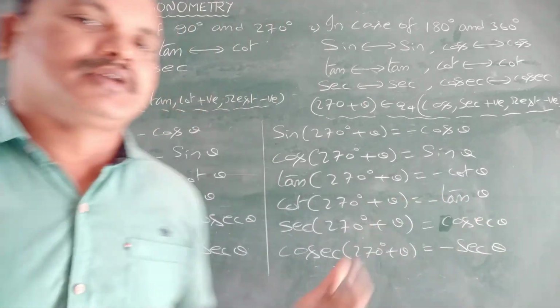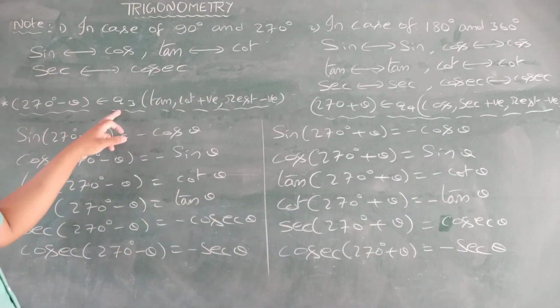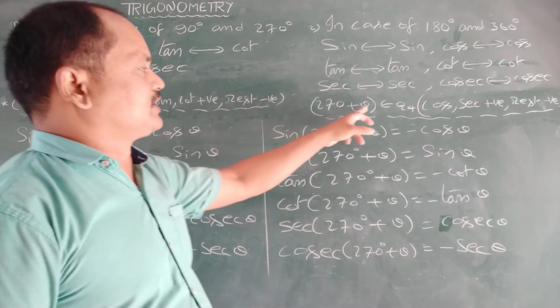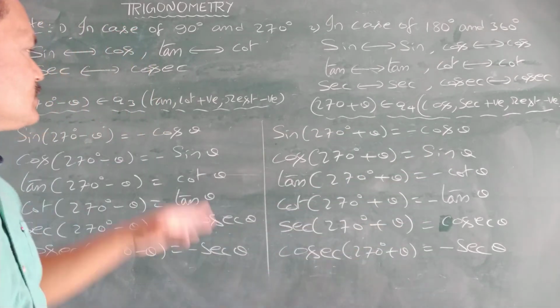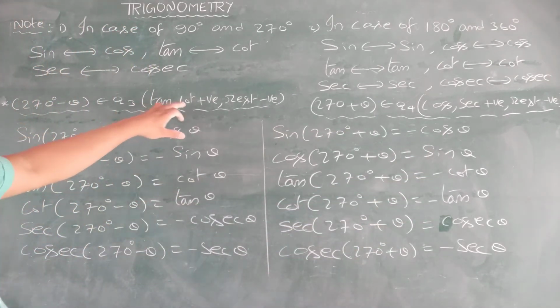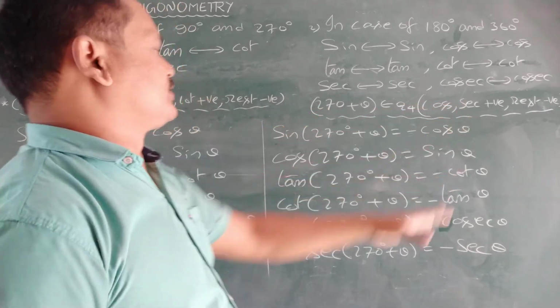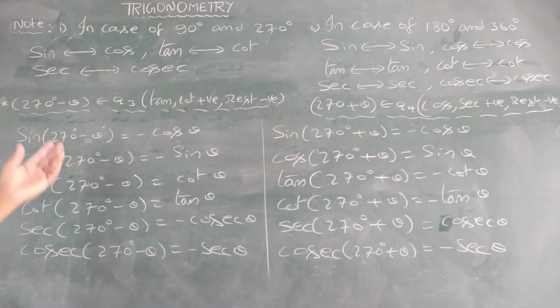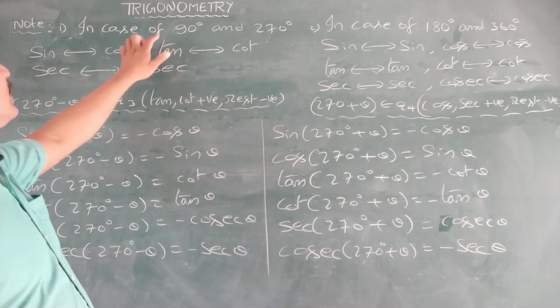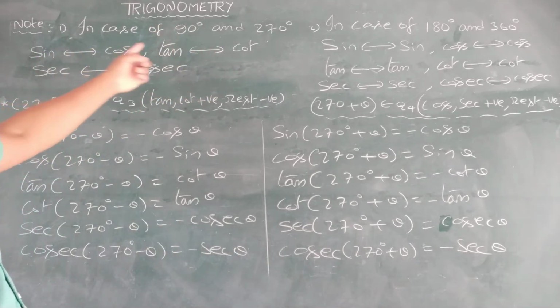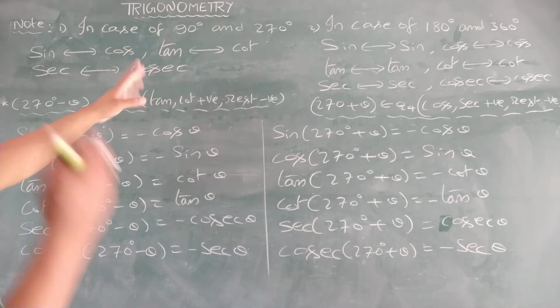Here observe. Now 270 minus theta belongs to Q3, and 270 plus theta belongs to Q4. In Q3, tan and cot are positive, the rest are negative. In Q4, cos and secant are positive, the rest are negative. In case of 270, sin changes to cos, tan changes to cot, like that.